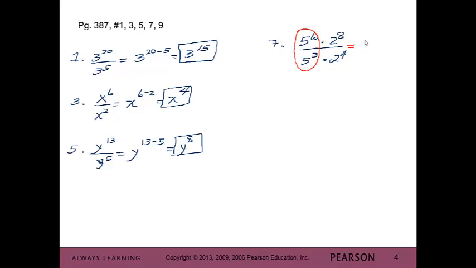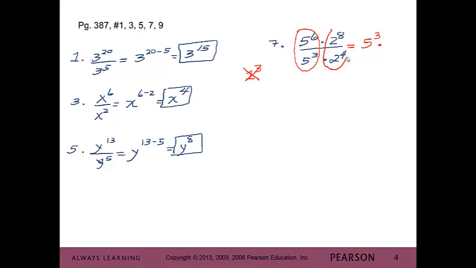The base is 5, so make sure you keep your 5. However, 6 minus 3 is 3, so this becomes 5 to the 3rd power. Avoid dividing your 5s into each other. Do not say 5 divided by 5 is 1, so you're going to say 1 to the 3rd power. Remember, the rule is to keep the base, so you have to make sure that you keep the 5, and it should be 5 to the 3rd power.